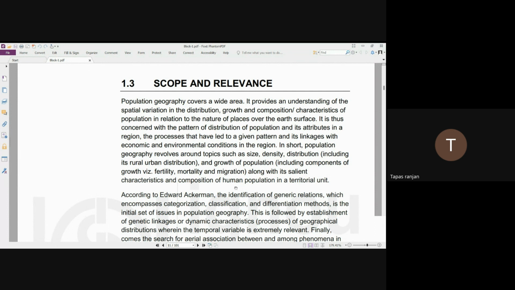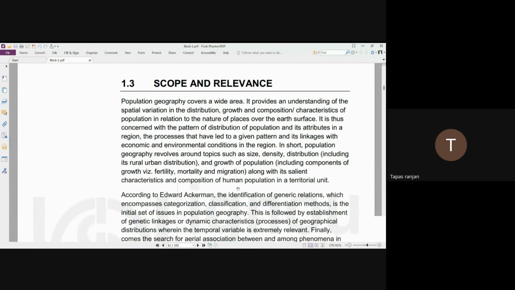There are limited resources. If we don't understand the population dynamics, then resources cannot be evenly distributed. And as we know, overpopulation is one of the biggest problems in today's world. If we don't have enough resources to feed those people, it will be havoc for us. So first of all, we need to understand those population dynamics so that we can have a better quality of life.